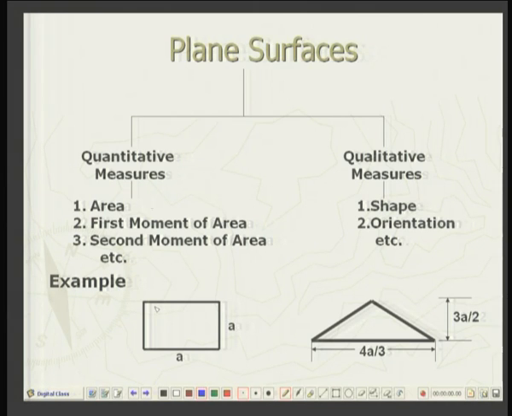If we take the first moment of these two areas, they will come out to be different. There may be a case that two figures have the same area as well as the same first moments, then the second moments may be different.